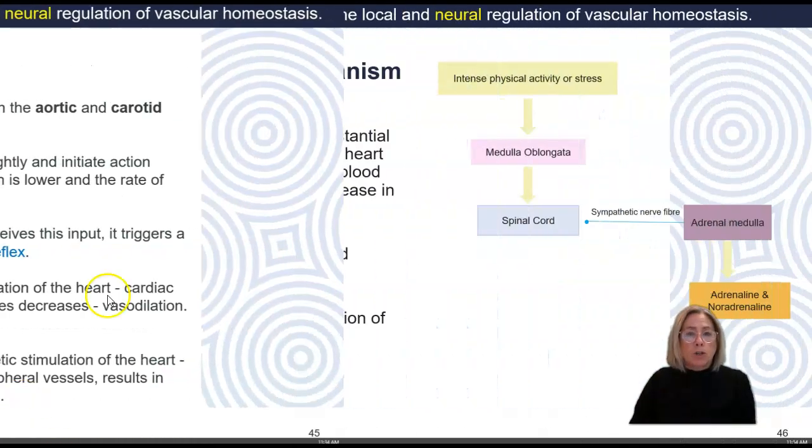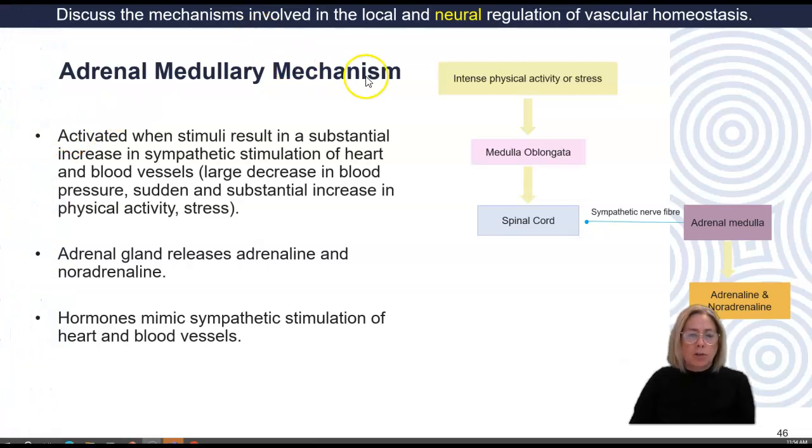The next mechanism we're going to look at is the adrenal medullary mechanism. This is activated when stimuli result in a substantial increase in sympathetic stimulation of the heart and the blood vessels. As I've put up here, maybe somebody is doing intense physical activity, or there's a really high level of stress, or a large decrease in blood pressure, right?